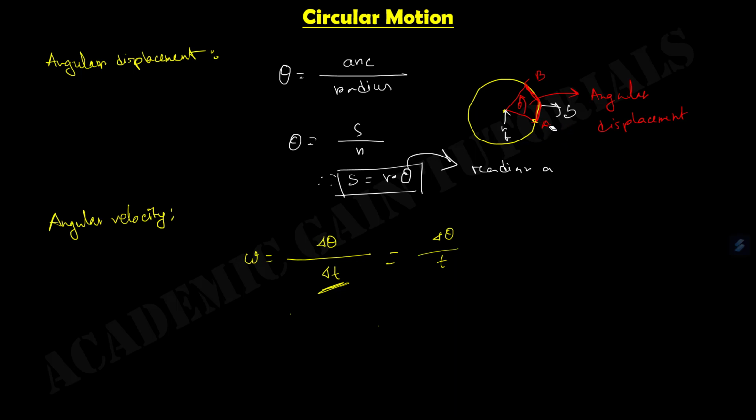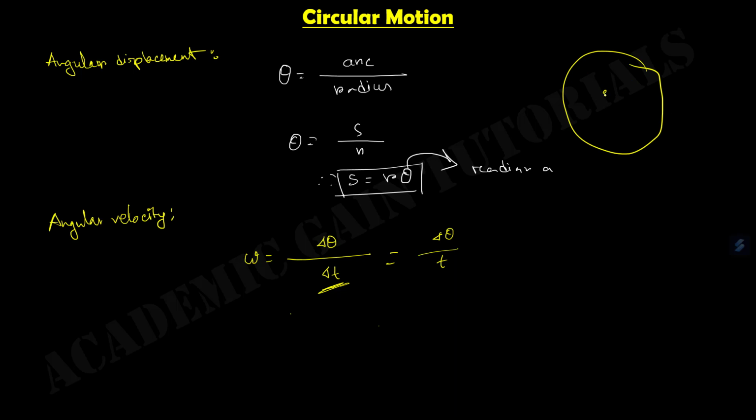Let me clear this to help you understand better. If the particle moves from this point A and then again comes to this point A, and the time taken for this whole path is capital T, then this T is known as the time period. Or we can say that the particle is moving along the circumference of the circular path.